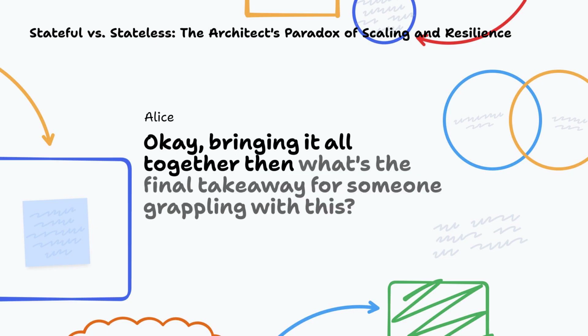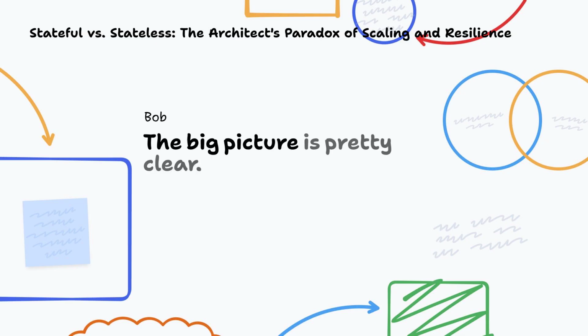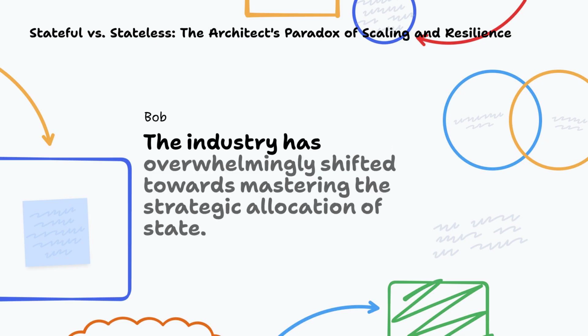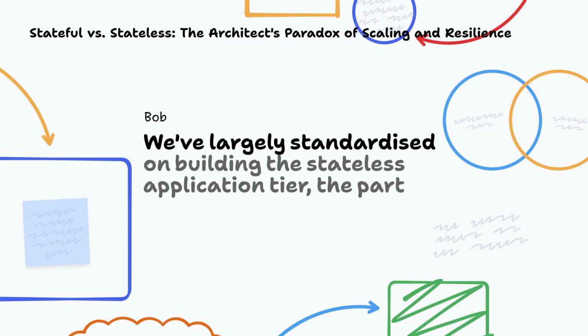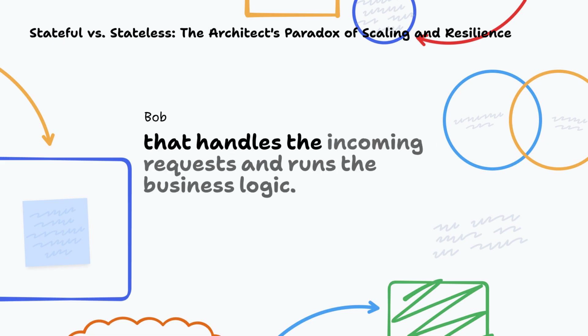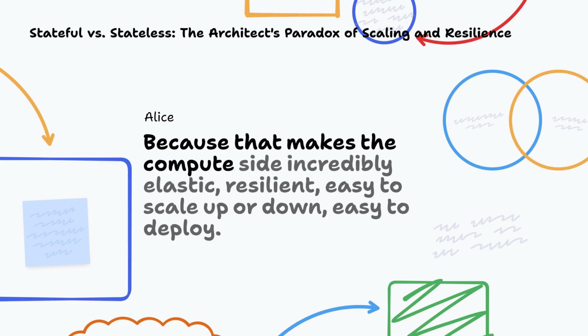Okay, bringing it all together then, what's the final takeaway for someone grappling with this? The big picture is pretty clear. The industry has overwhelmingly shifted towards mastering the strategic allocation of state. We've largely standardized on building the stateless application tier, the part that handles the incoming requests and runs the business logic, because that makes the compute side incredibly elastic, resilient, easy to scale up or down, easy to deploy.